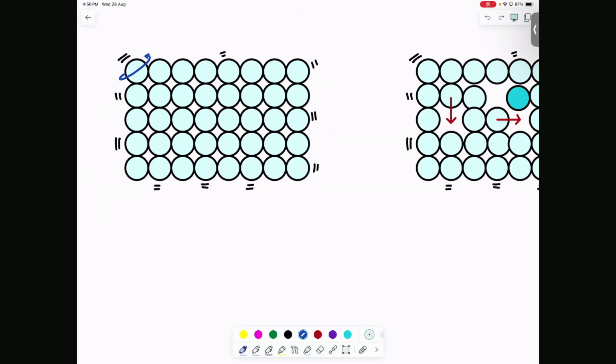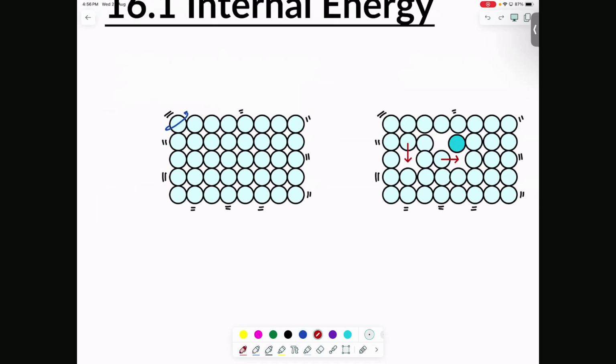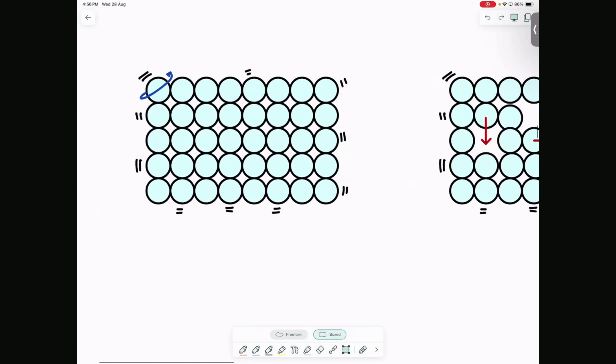Okay, let's talk about the other energy, the one that actually keeps everything together. So what's preventing my molecules from vibrating and dislodging? Why don't they just leave? Something is bringing them back in, right? What is it? Yeah, the chemical bonds. And those bonds are referred to as potential energy. We can picture the bonds very easily.